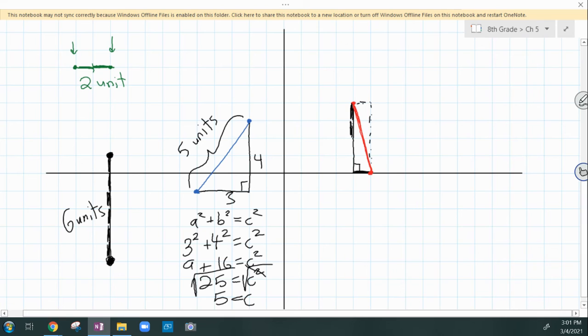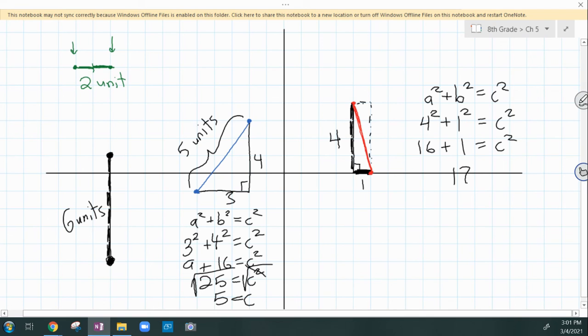Let's see how long this is. That's 1, 2, 3, 4 units, and this bottom is just 1 unit. So a squared plus b squared equals c squared. We've got 2 legs, so that's 4 squared plus 1 squared equals c squared. That's 16 plus 1 equals c squared, so 17 equals c squared.